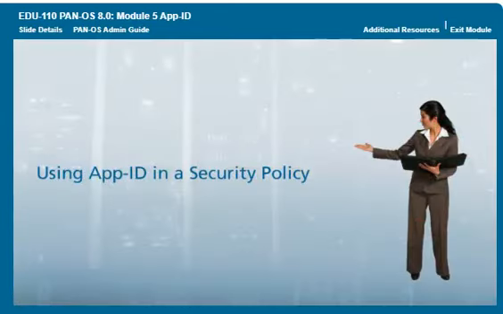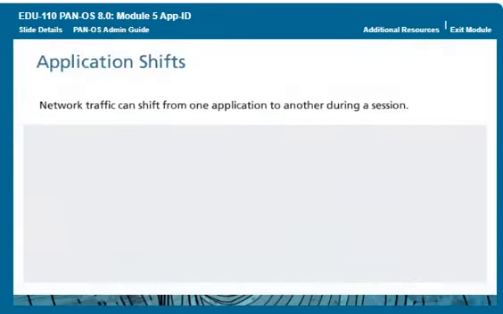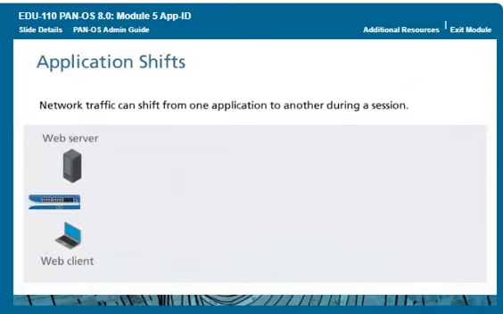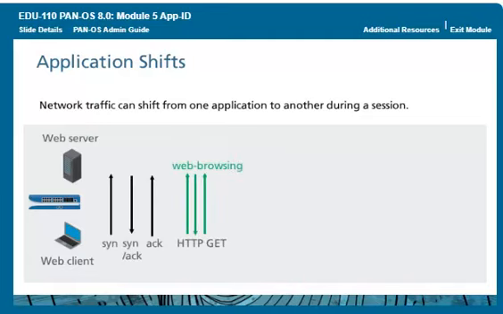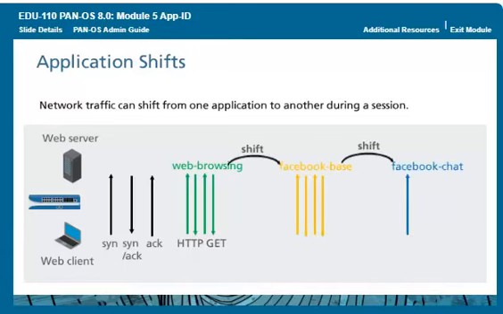Next, using AppID in a security policy. Network traffic can shift from one application to another during the lifetime of a session. In the illustration, AppID cannot identify the traffic from only a TCP SYN packet. Even after the TCP three-way handshake has completed, the firewall would report insufficient data rather than an application name.